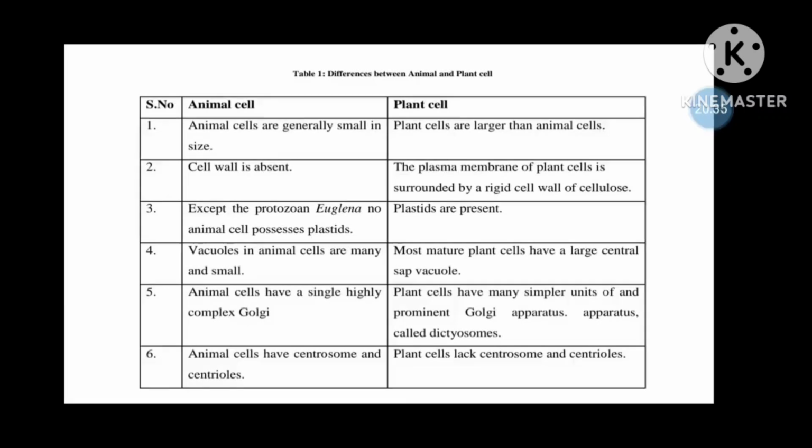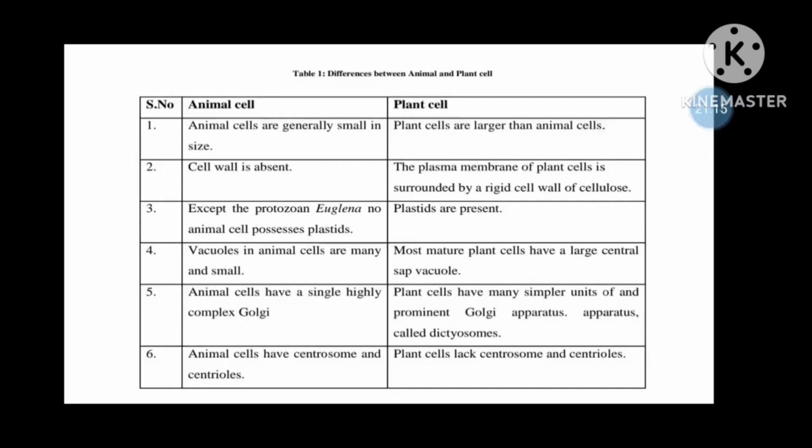We have just seen that inside the plastid, the coloring pigment chlorophyll is present, which helps in the process of photosynthesis, which results in the production of glucose molecules. So the chlorophyll traps solar energy in the plastids. So this plastid is present in the plant cell only, it is not present in the animal cell except Euglena.